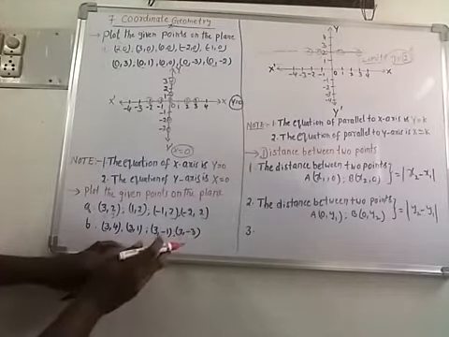On x-axis 3, and on y-axis 4. 3 comma 1: on x-axis 3, y-axis 1. 3 comma minus 1, and 3 comma minus 3.